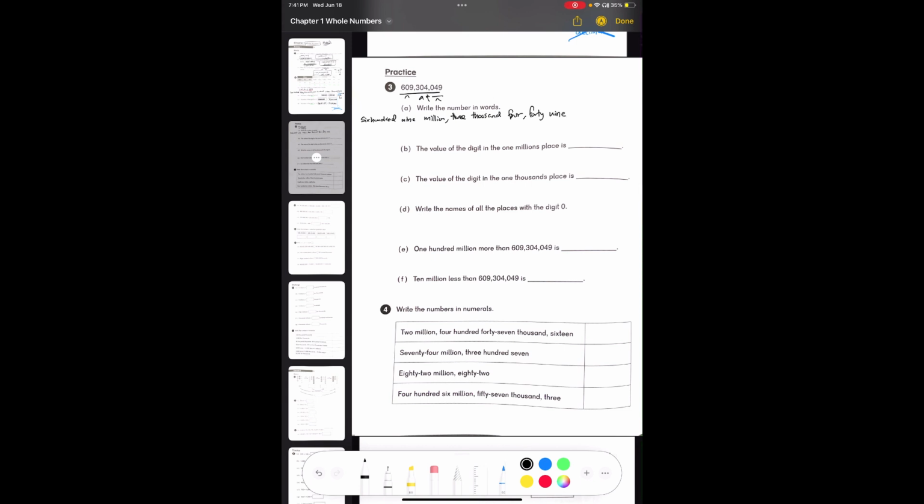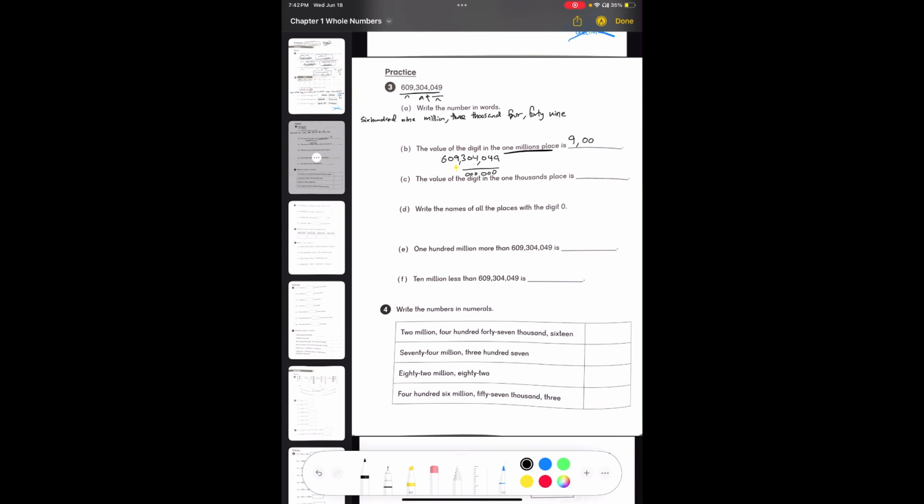So the value of the digit in the millions place is, we're going to write out our digits. And we go to the millions place, which is right here. And so our answer is 9, with all these as zeros.